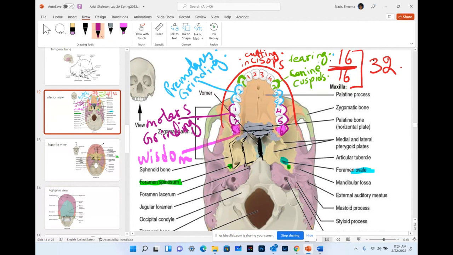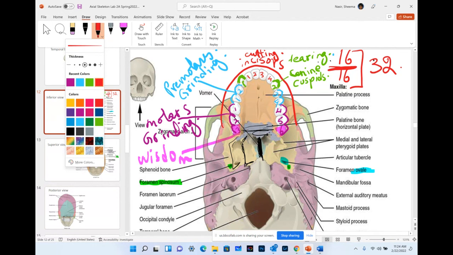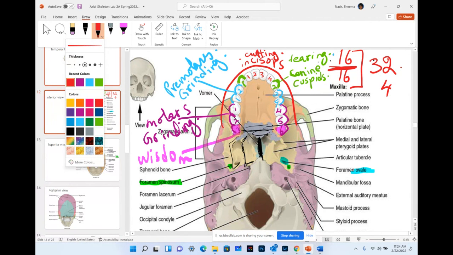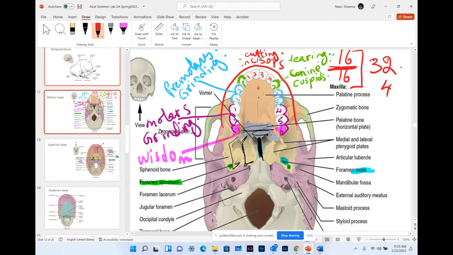Now, how many teeth do we have? Let's see, in half a jaw. So let's start with our incisors. I am talking about half jaw. How many does a half jaw have? 16.